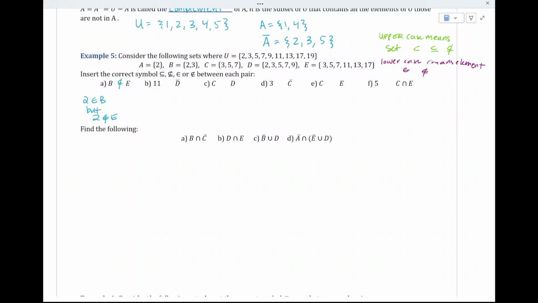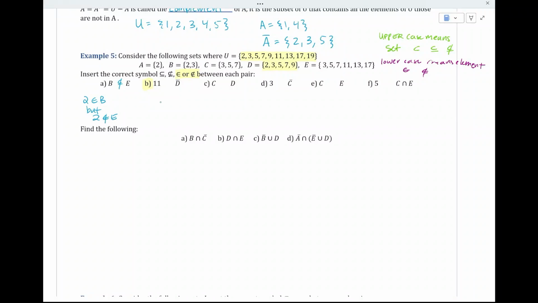Okay, let's take a look at part B, 11 and D complement. So 11 is an element, so it is either going to be in the set or not in the set. This is D, 2, 3, 5, 7, and 9, and this is U. So D complement, maybe we should write down what that is.